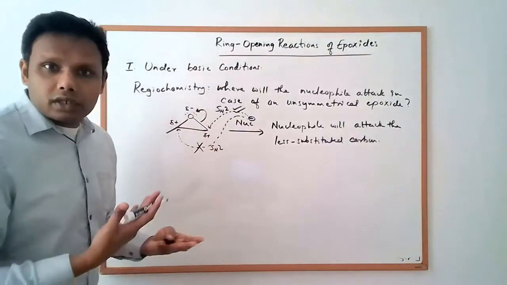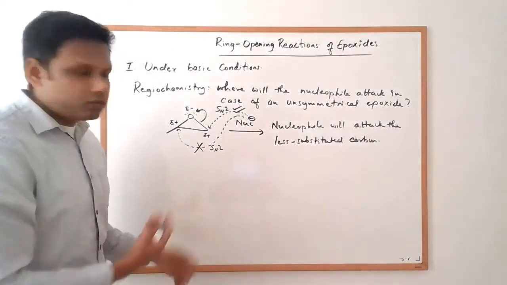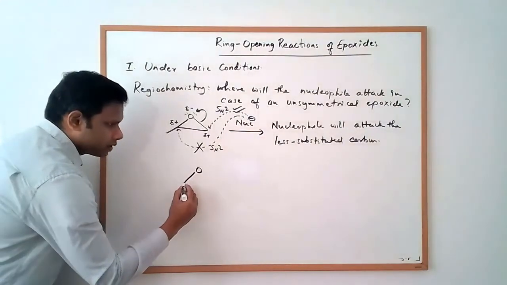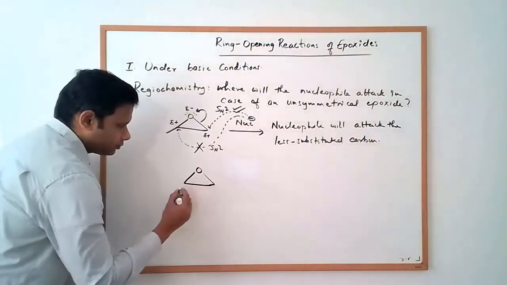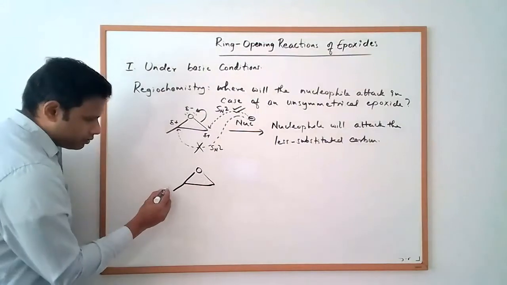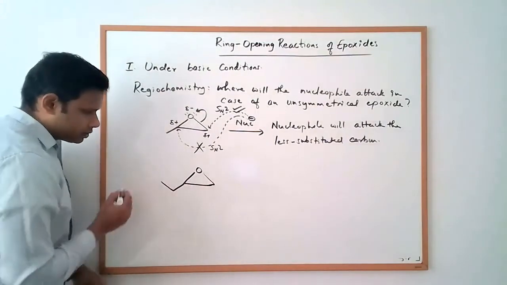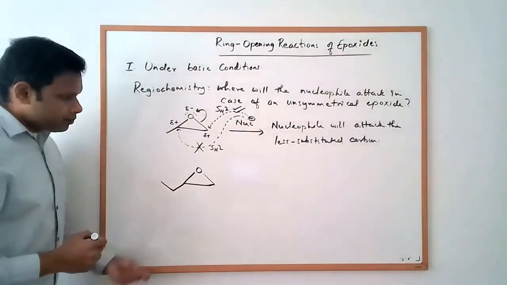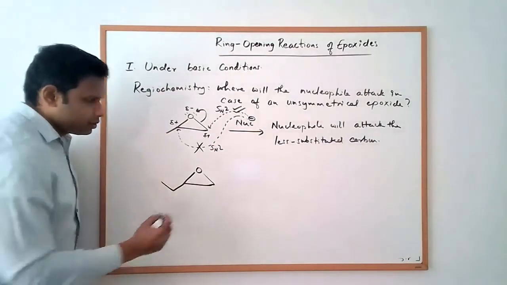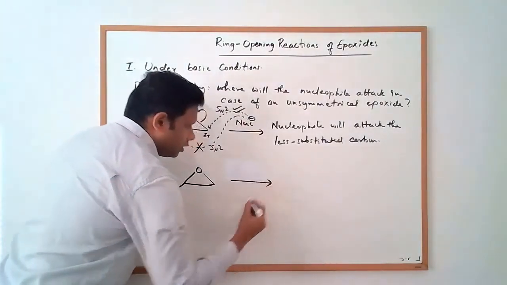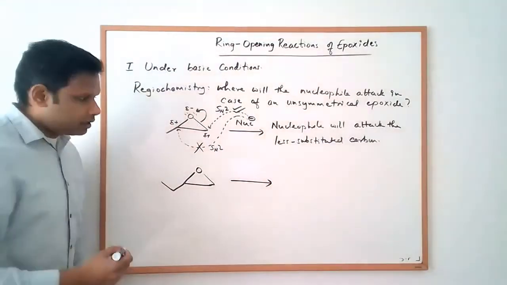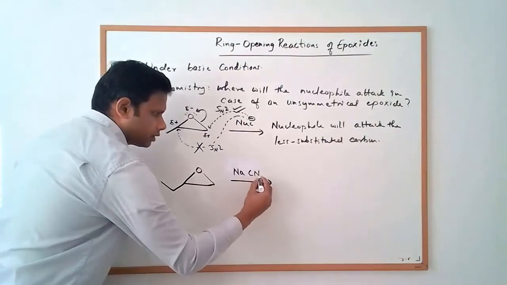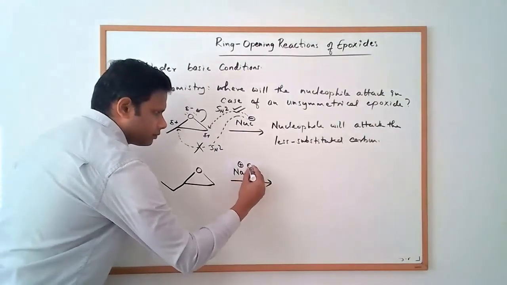So let's look at an example of what the product would look like if we were to do this. Let's use this epoxide, or we can make it slightly longer because now it really doesn't matter. So we can make it another epoxide. I've added another carbon to it, and we react this epoxide with, let's say, sodium cyanide to keep it simple.